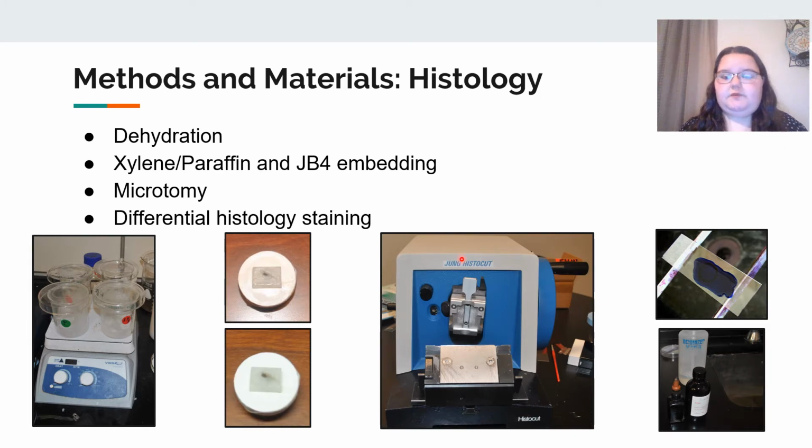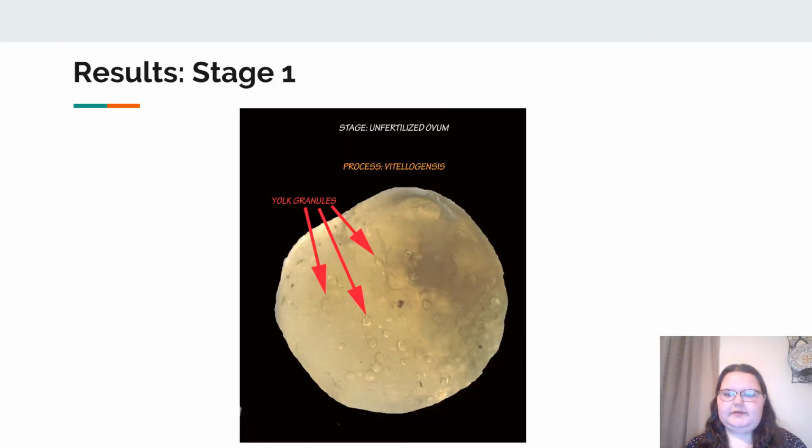But when we used JB4 embedding, we found that the embedding solution was much more incorporated into the embryos and was able to have a really distinct cut, which allowed it to be easier to stain these segments of the molly, and then we were able to clearly identify internal structures with the differential staining techniques that we used. So this leads me to the results of my experiment.